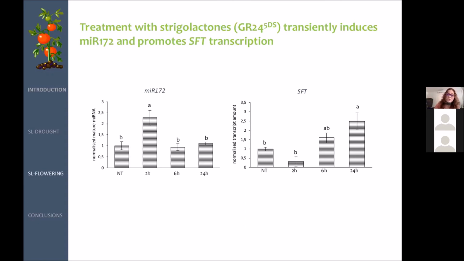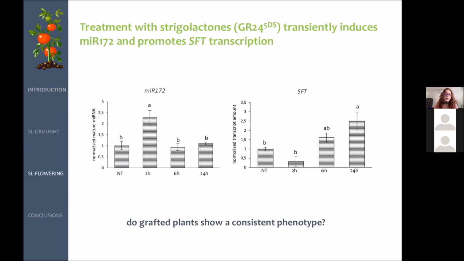Also, we observed that there's a transient and short-lived induction of another player, MIR172. This is a microRNA. We will see these players in a wider context at the end of this part.